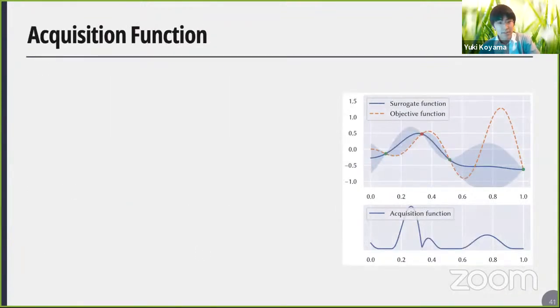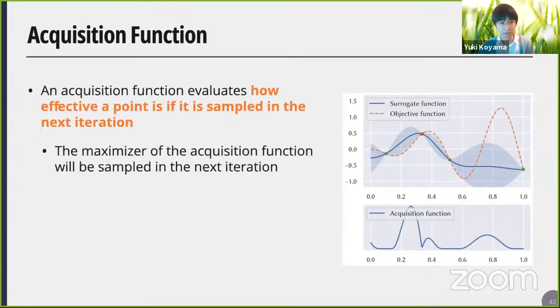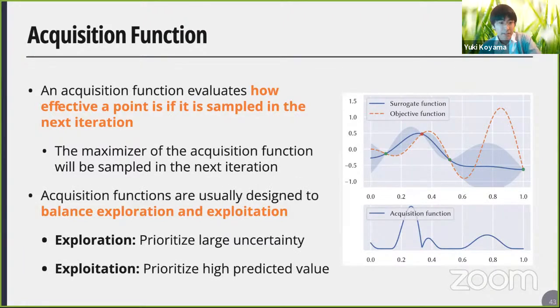To intelligently sample points, BO uses acquisition functions. An acquisition function is a function that evaluates how effective a given point is if it is sampled in the next iteration. And the point that maximizes the acquisition function will be sampled in the next iteration. Acquisition functions are designed to balance exploration and exploitation.